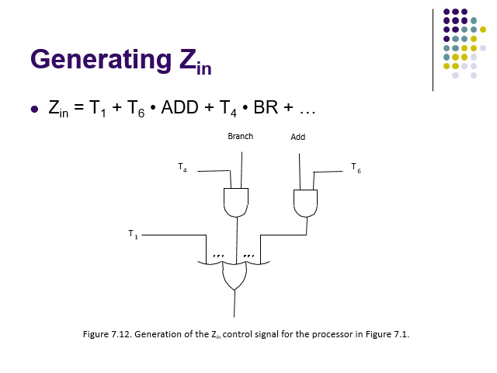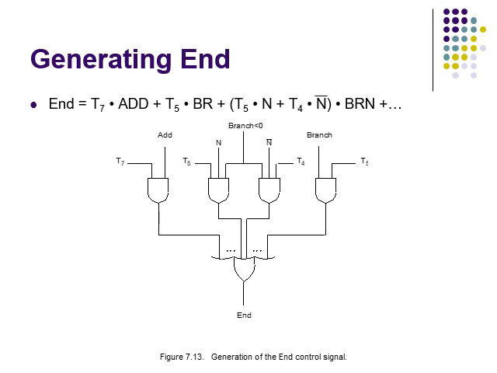This figure shows the circuit that generates the End control signal for the logic function End. The End signal starts a new instruction fetch cycle by resetting the control step counter to its starting value.